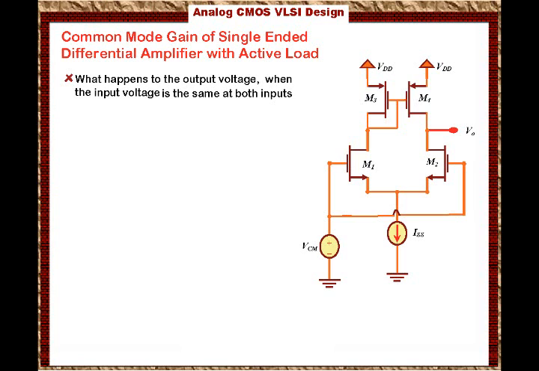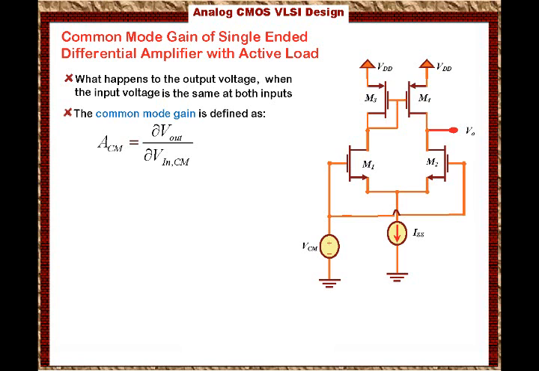Remember, from earlier discussion, we said that the common mode gain is defined as A common mode equals ΔVout, which means how much the output voltage changes, over ΔVin common mode, which means how much the input common mode changes.